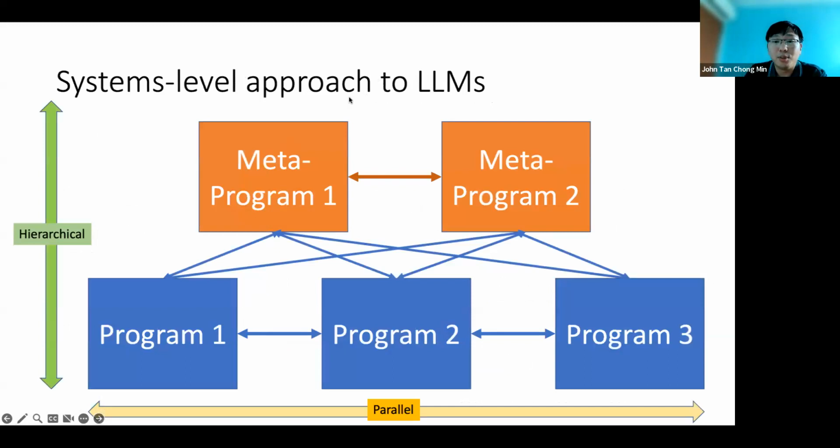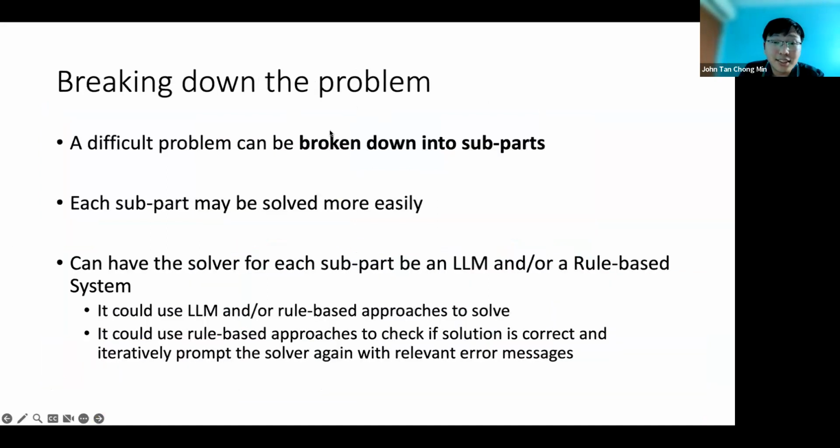So this is the system level approach to large language models. I think you all saw this earlier with the robot slide. You have different levels of hierarchy, talking about different views of the problem. And at each level of hierarchy, you actually have some people under you to execute this. This hierarchy is very useful because you can use a very complicated top level goal.